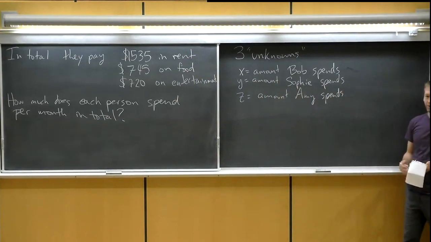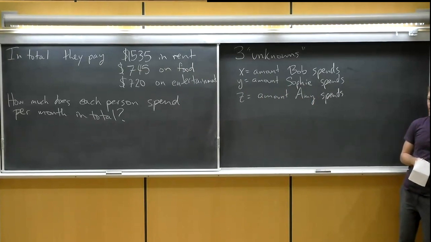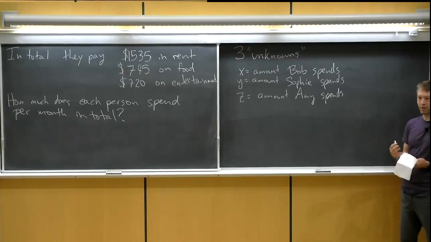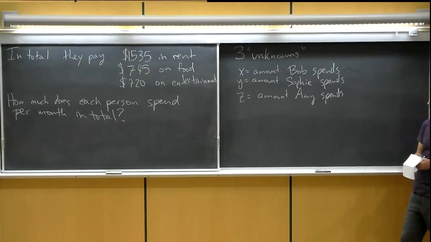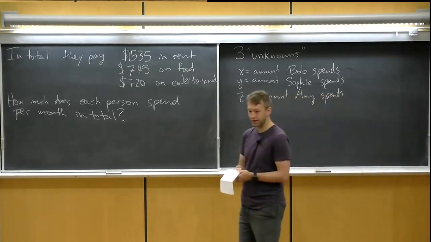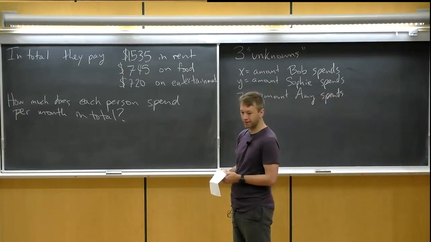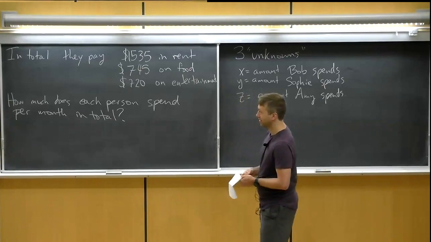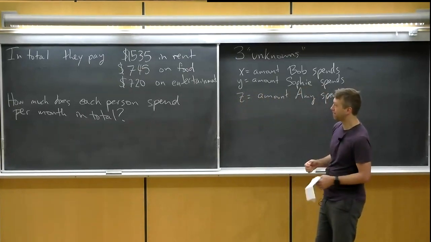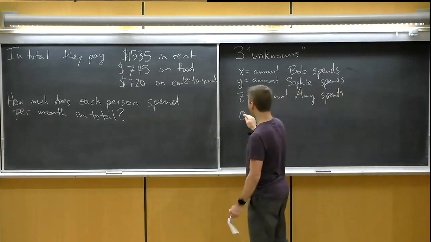Okay, so these are variables, but now we have to come up with some sort of equations. Any ideas what kind of an equation I could write down from this information? There's going to be three equations. And then all the rest of them are going to be kind of similar.